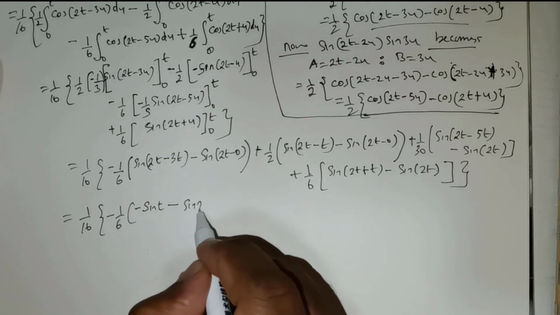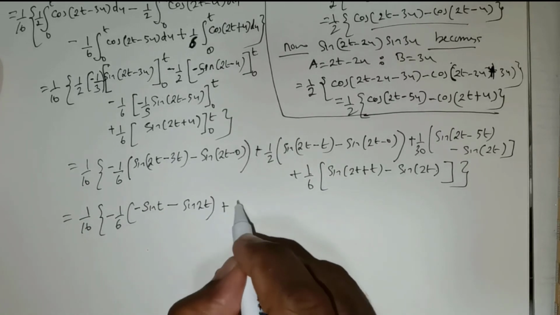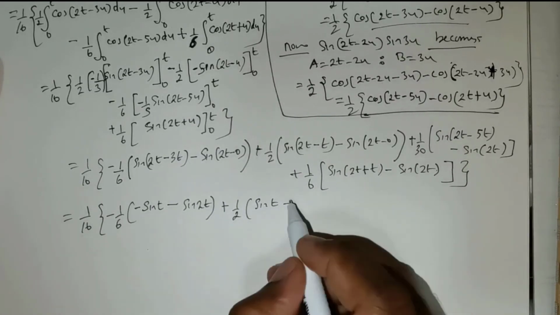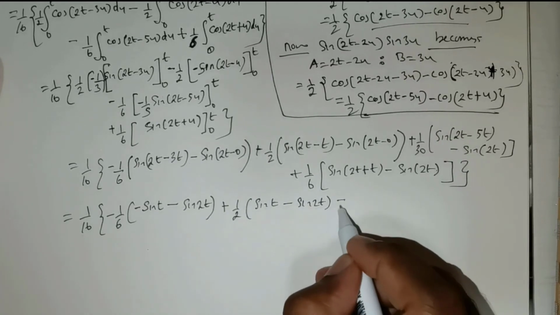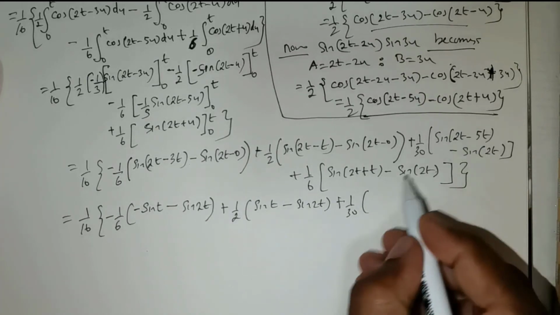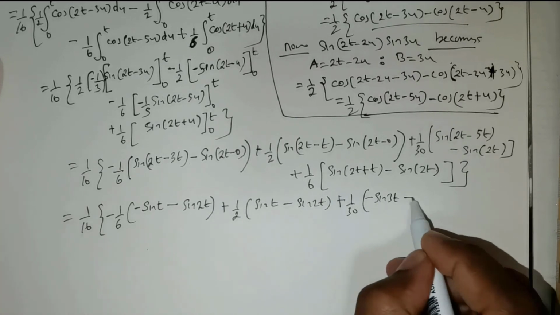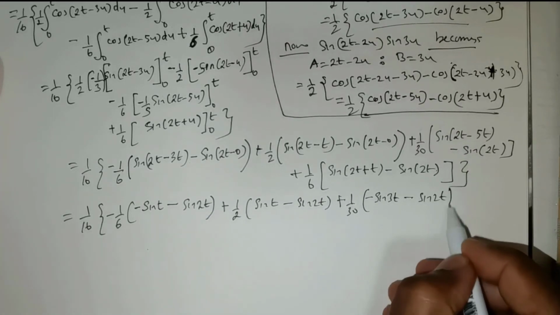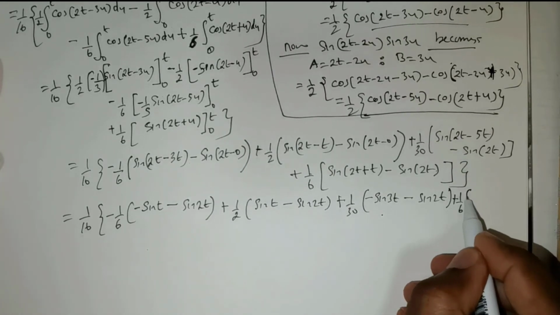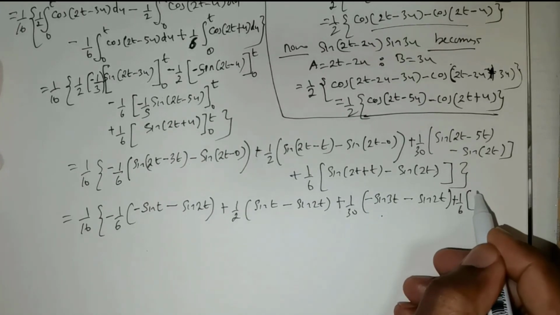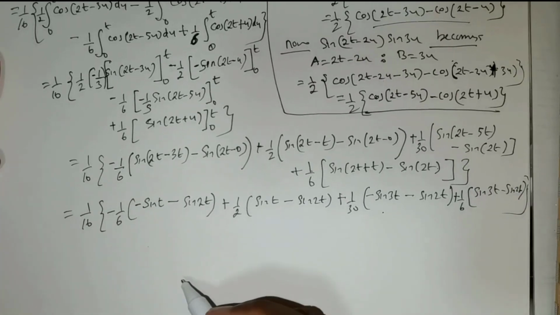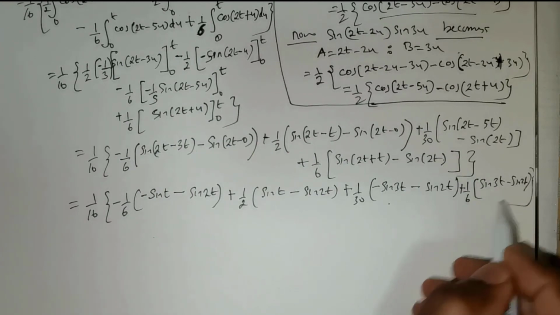This is negative sine of 2t, that's fine, followed by 1 over 2 times sine of 2t minus t, that's going to be sine t, sine of 2t, followed by 1 over 30 sine of 2t minus 3t minus 5t, that is sine of negative 3t, so that's going to be negative sine 3t, followed by negative sine 2t, that's fine, followed by positive 1 over 6 times. Now sine of 2t plus t, that's sine of 3t minus sine of 2t. So we got that.